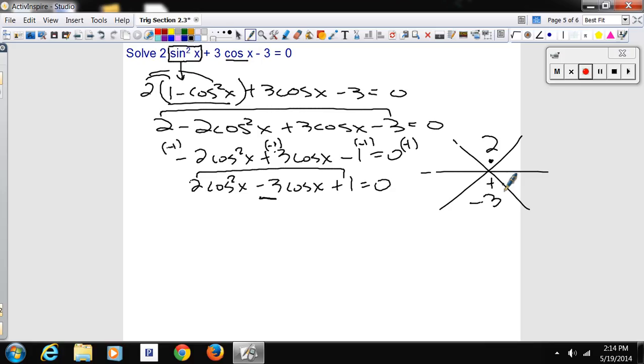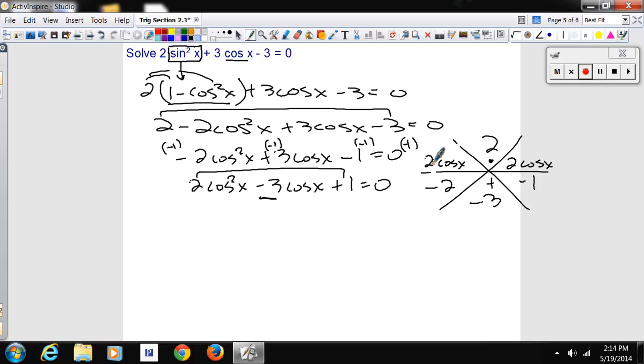My front term, not the square part, but the front term would go here. Because that's what's going to be in the front of my parentheses. And then I've got to find out what two numbers would multiply to give me a positive 2, add up to a negative 3. Negative 2 and negative 1. They've got to both be negative.